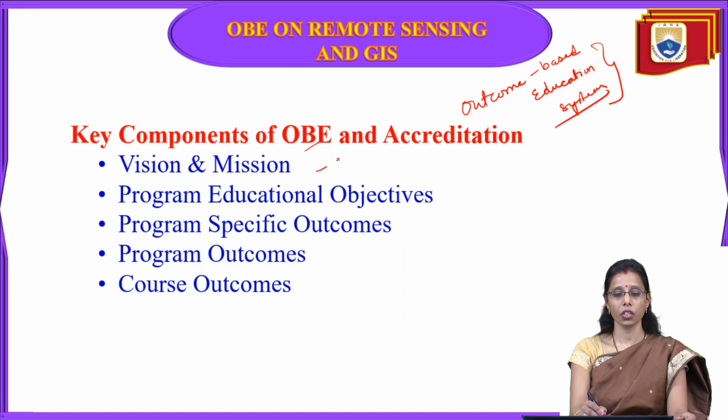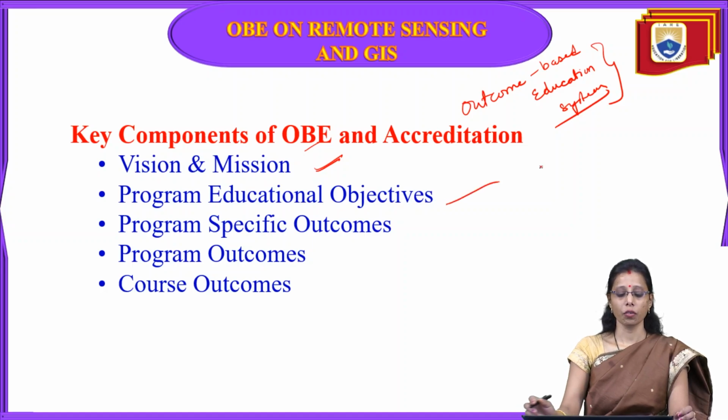That is, we need a vision and mission. What is the vision of the institute and what is the mission of the institute? That should be clearly mentioned before we take a course. So the vision and mission of the institute and the vision and mission of the department, the course which the student has opted for, that course vision and mission is required.